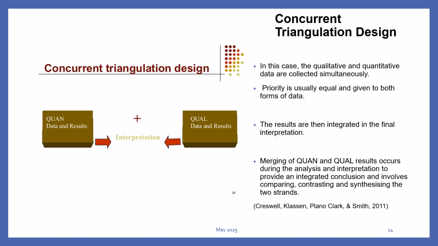So the main idea here is that both qual and quan data are collected at the same time. Merging of the quan and the qual results in concurrent triangulation design takes place during the analysis and interpretation to provide an integrated conclusion, and involves comparing, contrasting, and synthesizing of the two strands.